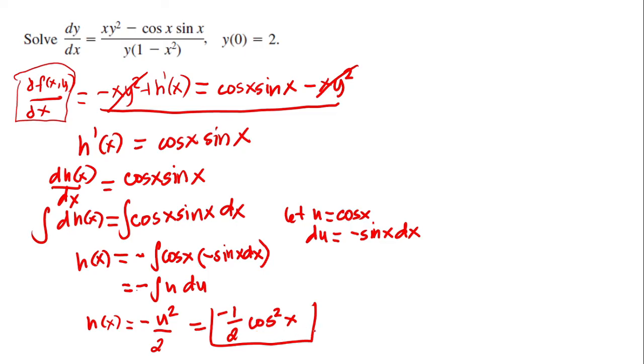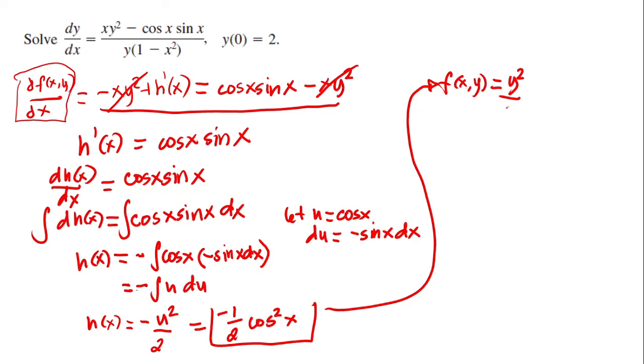Then we substitute it back into our f of xy. We have f of xy equals y squared over 2 times 1 minus x squared plus the value of our h of x, negative 1/2 cosine squared x. So we can equate this whole equation with an arbitrary constant c.